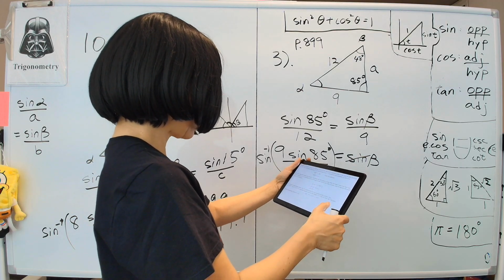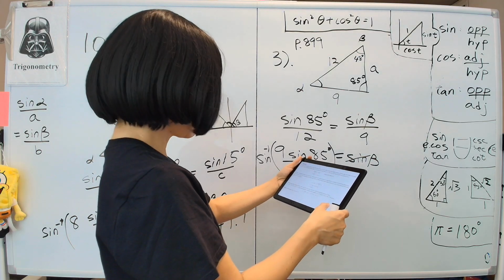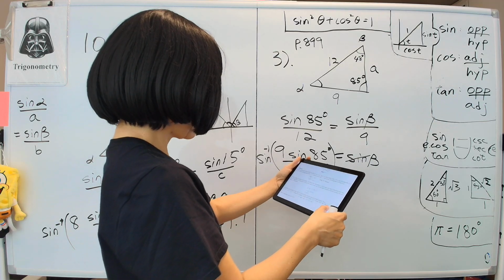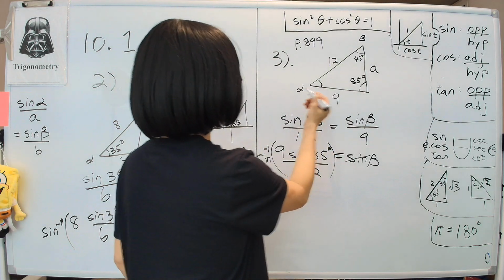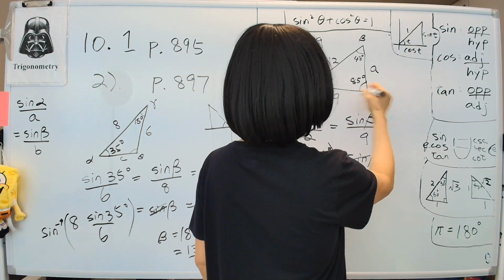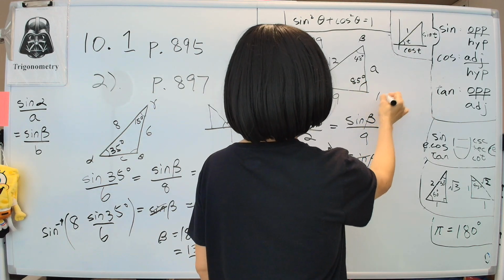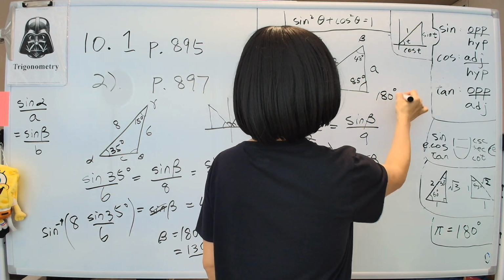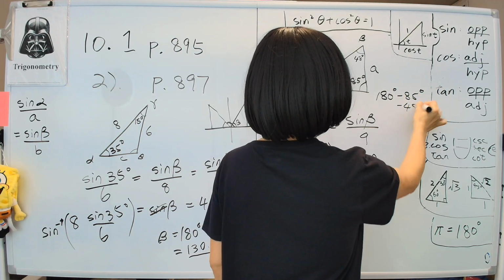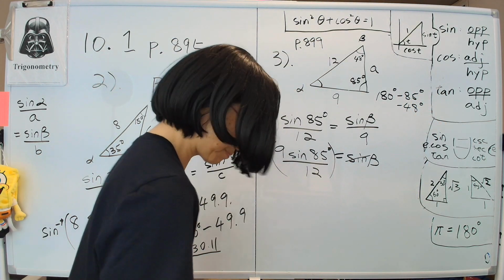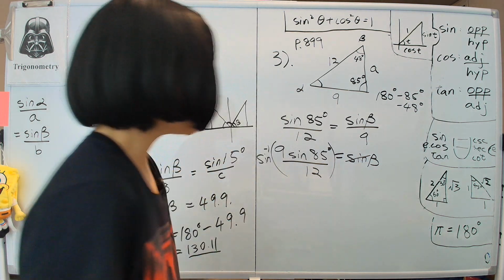Why is this negative? What is alpha anyway? And the book says a lot of stuff. Maybe I should just do this myself. So then alpha is, let's just say 180 degrees minus 85 degrees and minus 48, and that equals to, I don't know what that equals to.